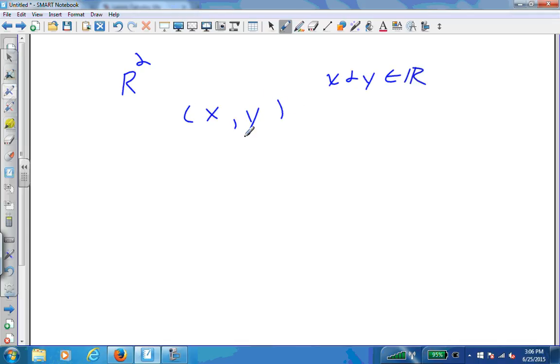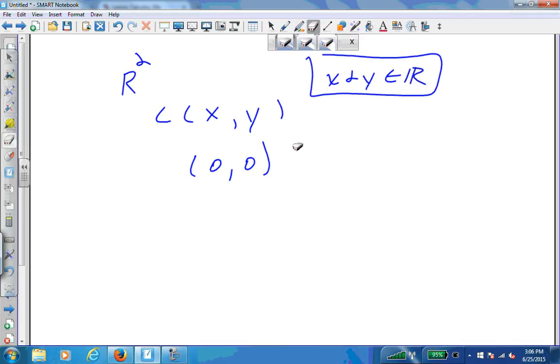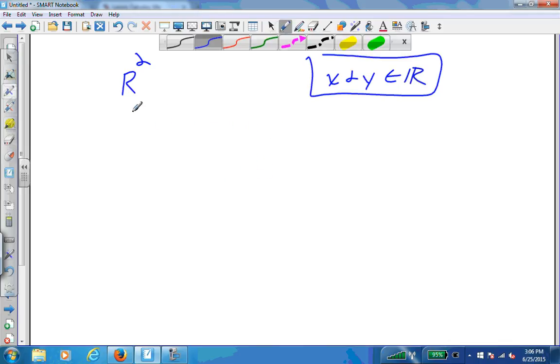It's commutative. The opposite of this exists if x and y can be any real number. There is a zero vector if x and y can be any real number. We can multiply that by any scalar and get something that's also in R2, a two-dimensional vector. So R2 we know is a vector space.